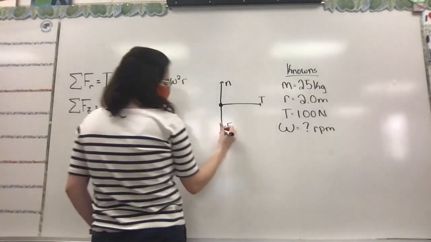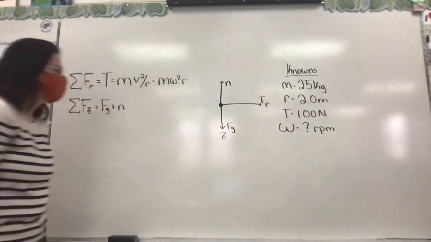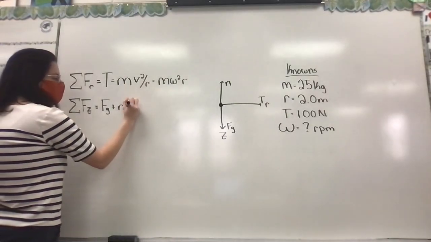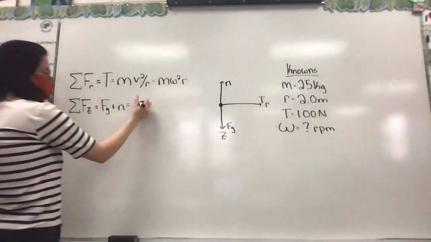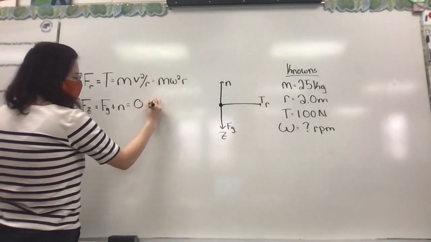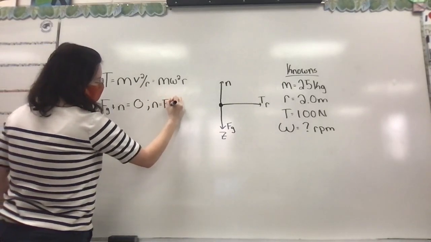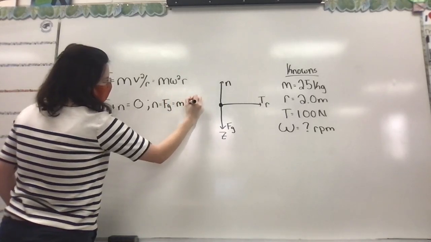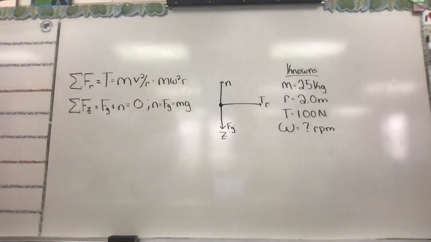So you guys very smartly realized that this is our Z and this is our R. Okay? And what do you think that equals? 0. Because normal force is equal to the force of gravity, which is equal to m times g. You guys didn't lose everything over break. I'm proud of you. Good job.